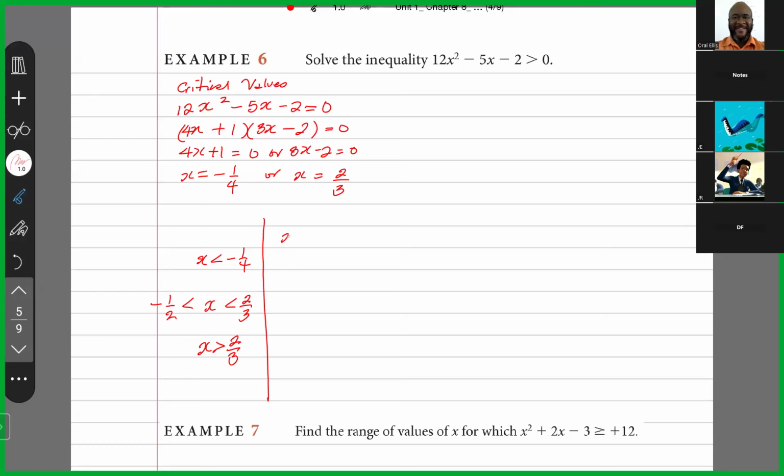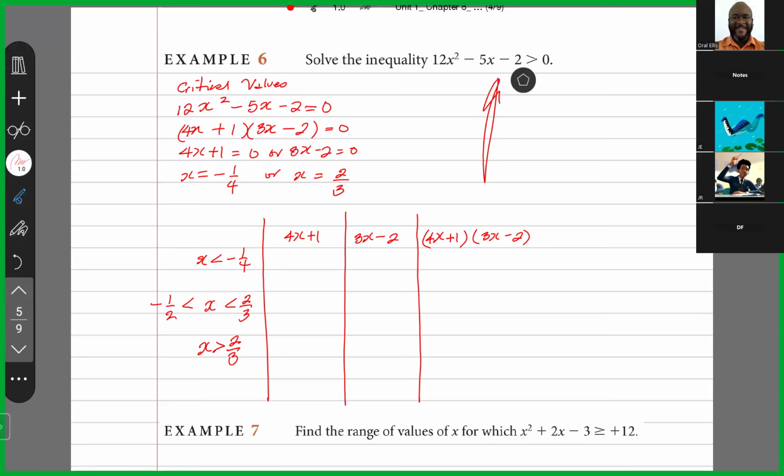I have 4x plus 1, I have 3x minus 2, and I have the product, which is 4x plus 1 multiplied by 3x minus 2. It's just a factorized version of 12x squared minus 5x minus 2.